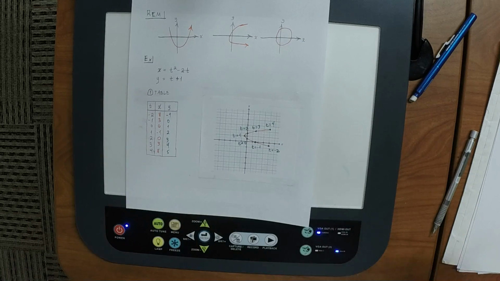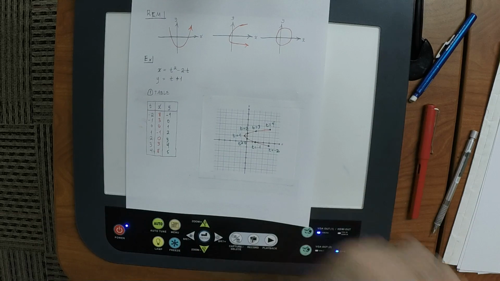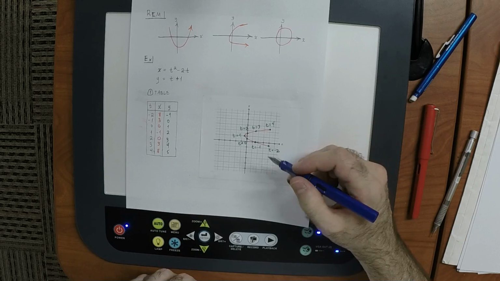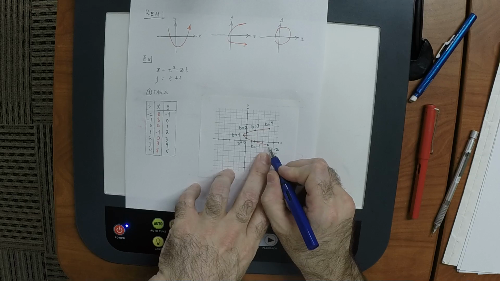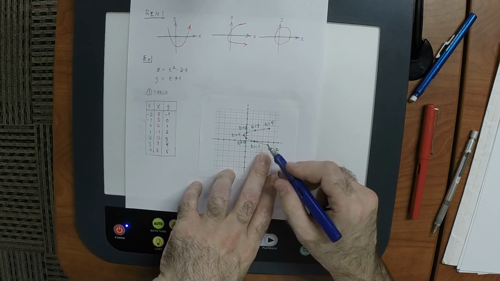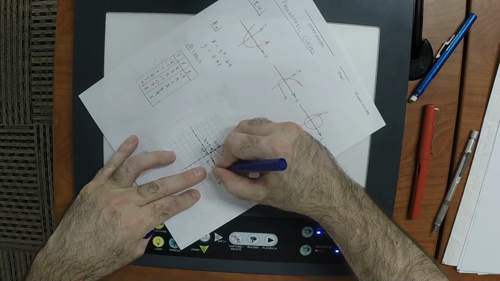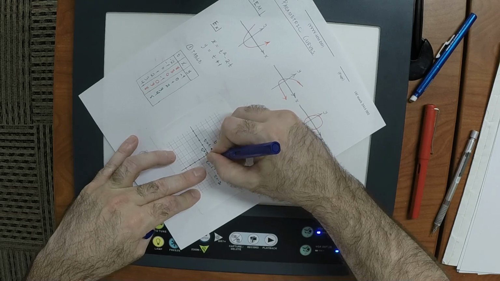So what I want you to take away from this is that this is telling you how to draw it. We started at that point, and then we proceeded moving that way. So we're moving like this.